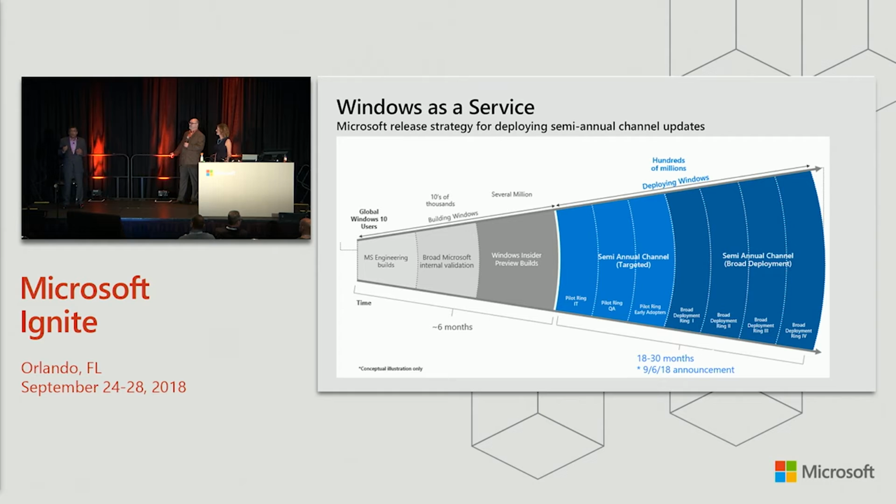However, the fall releases would be supported for 30 months, 2.5 years. That's a pretty significant change if you think about it. However, when it comes to Windows as a Service implementation and adoption, none of these announcements should fundamentally change your approach to implementation of Windows 10 servicing itself.